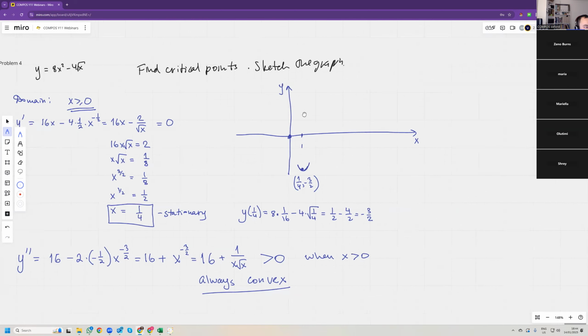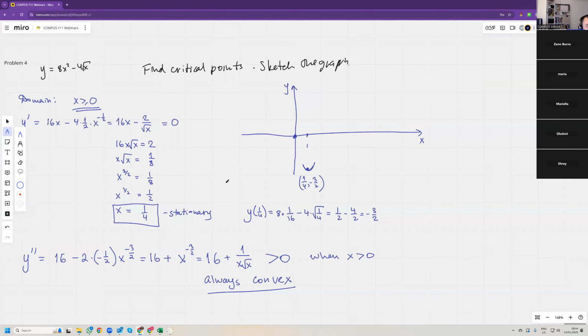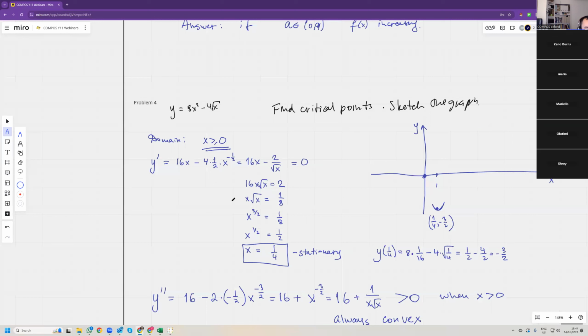Then we want to find the zeros. The zeros of a function, so we make it 0, so x equals 0, of course. That's the first 0. And another 0 is when this thing is 0, so 8x squared equals 4 root x.